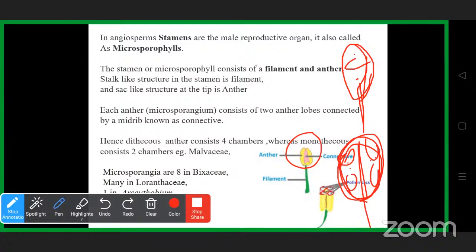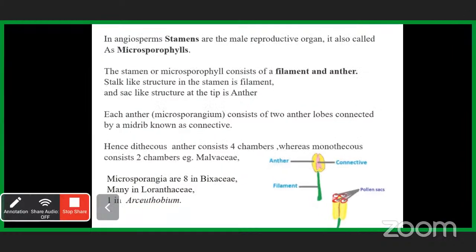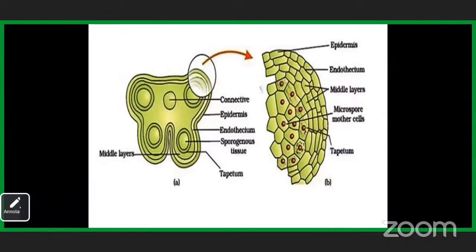The single lobe structure is there in the Malvaceae, whereas the majority of plants have the bilobed anther. But in the Bixaceae, 8 lobes are there. Okay, 8 lobes are present in the Bixaceae, Loranthaceae, and even in Pithecellobium.